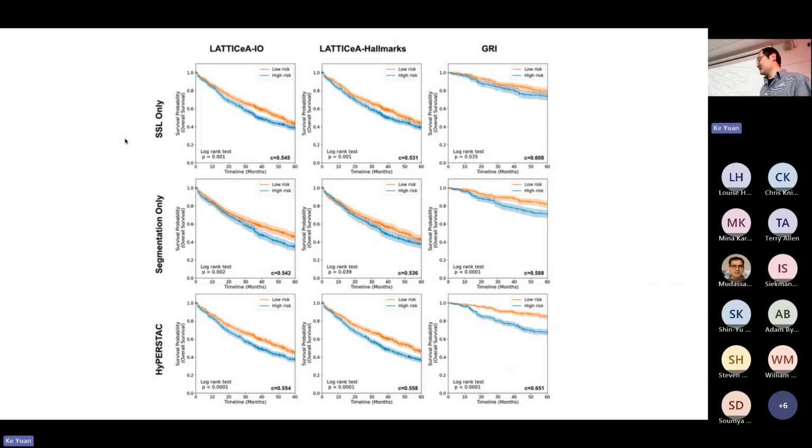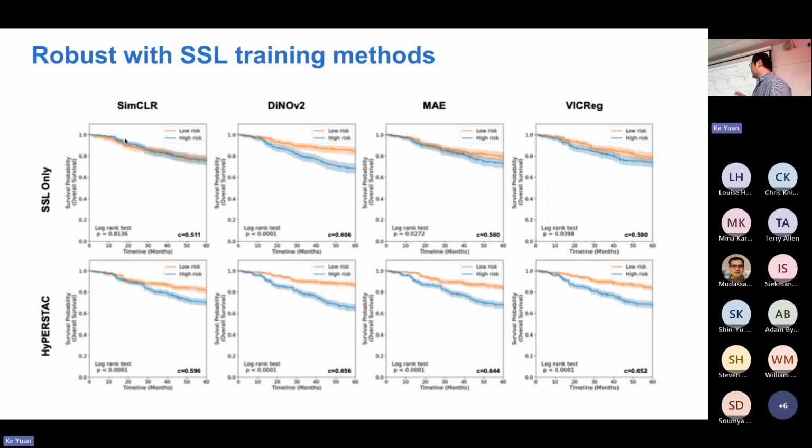Not very surprisingly, we find combining the two gives a very notable improvement in separating low versus high risk patients. And that benefit seems to be quite robust across different self-supervised learning training regimes, all the way from very simple, basic contrastive learning to newer methods like DINO, masked autoencoder, and VICReg, which is a sort of newer version of Barlow Twins.